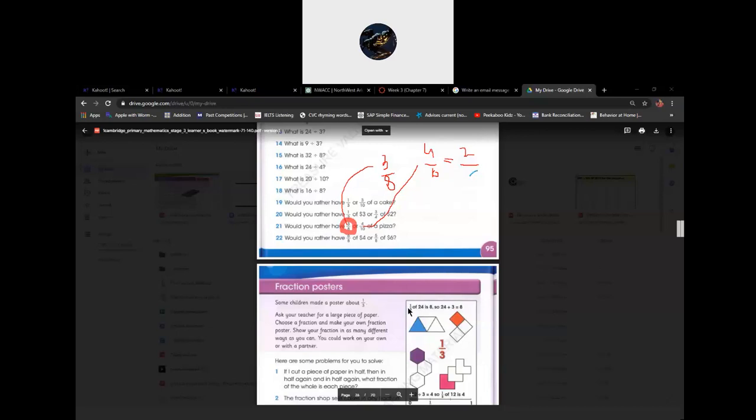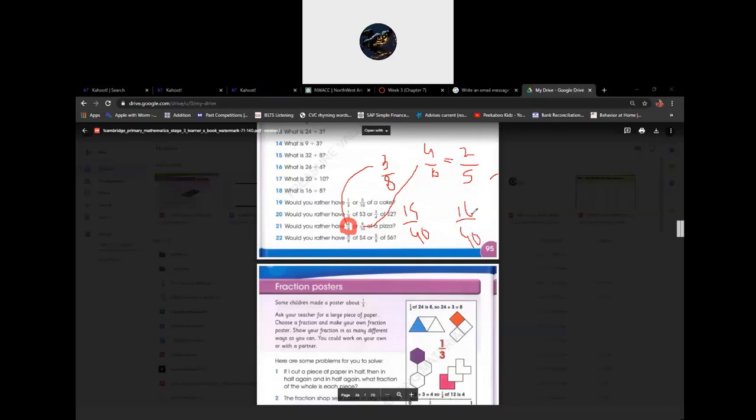Then multiply the 2 with 8, which gives 16, so the second fraction is 16 by 40, and 16 by 40 is greater than 15 by 40. So that's why I would go with 4 by 10.